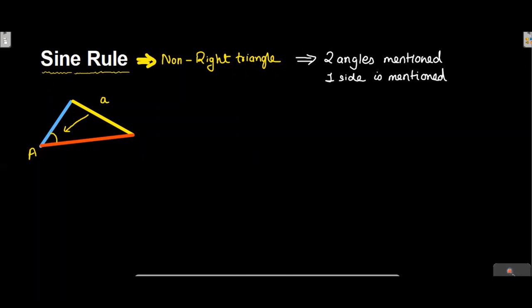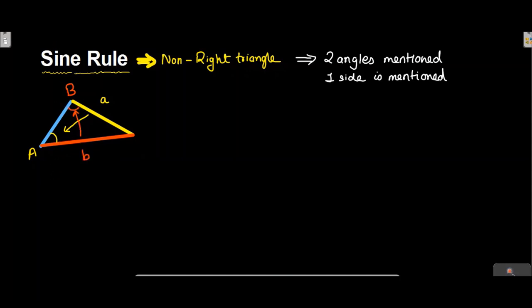Similarly, there is a red line here, that is a side, and the angle just opposite that side I will take as capital B, and the opposite side of angle B is small letter b.